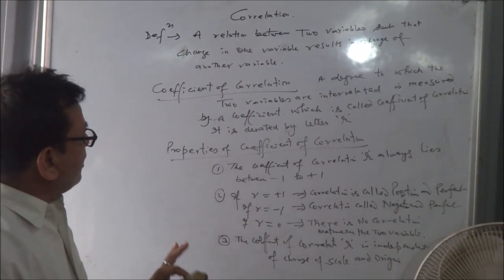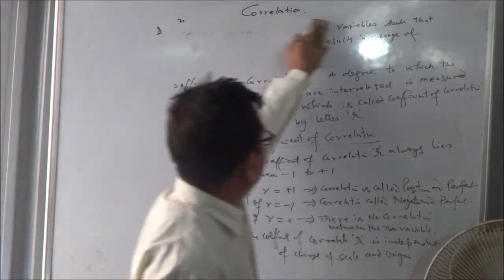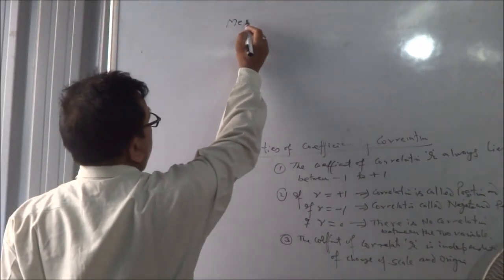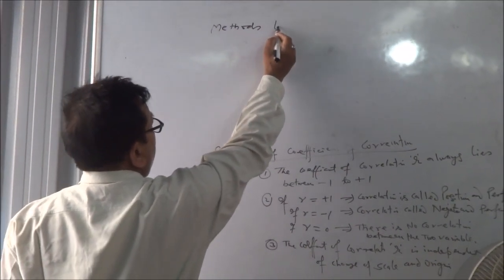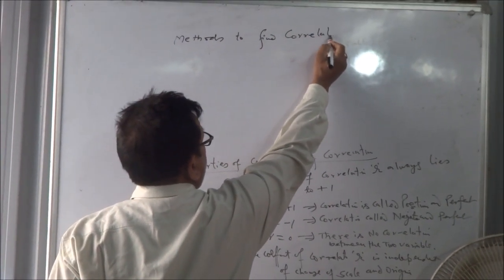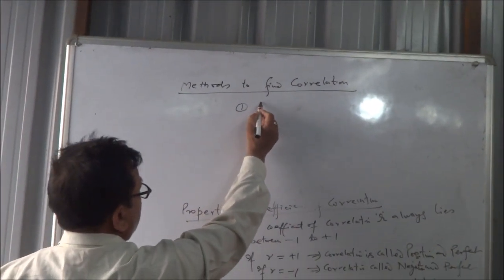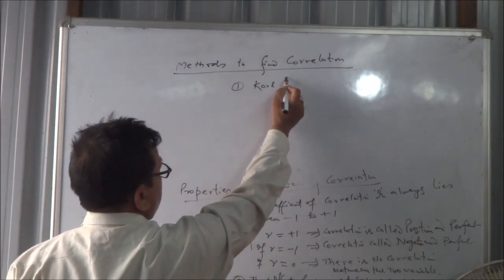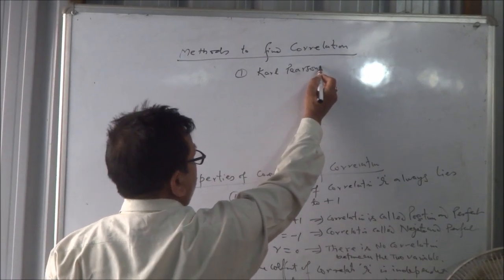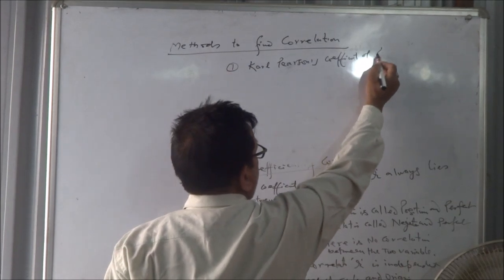Now we come to the different methods to find the correlation. There are various methods of finding the correlation. The first one is Pearson's coefficient of correlation.